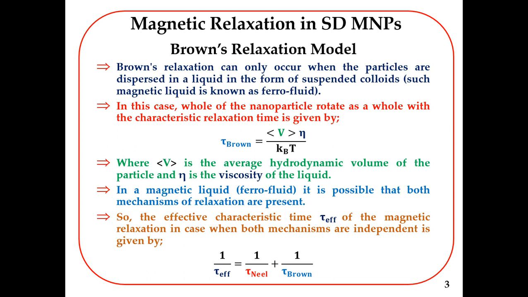In this case, the whole nanoparticle physically rotates as a whole with a characteristic relaxation time given by the Brown relaxation time, which depends upon the average hydrodynamic volume of the particle and also the viscosity of the liquid. So its rotation time depends mainly on these two factors. In the magnetic liquid ferrofluid, it is possible that both mechanisms can be present. So the effective characteristic time can be written in the form of this equation.